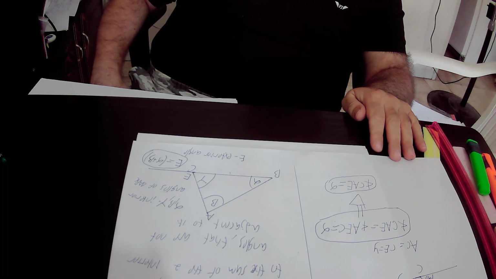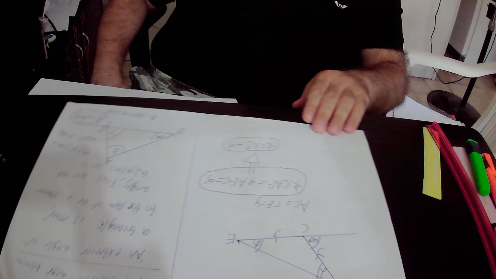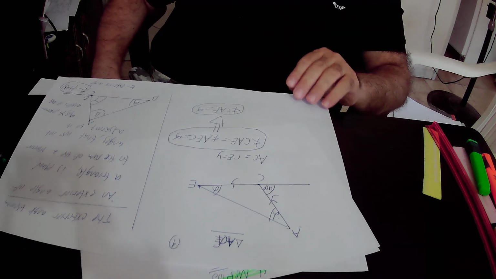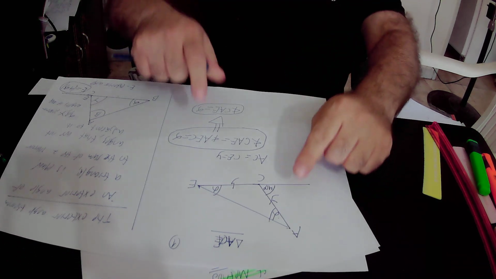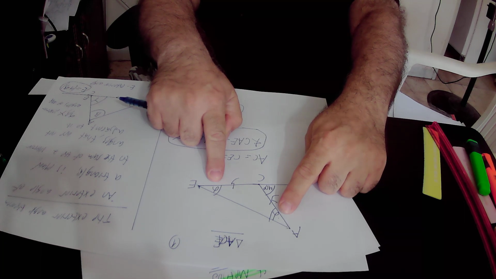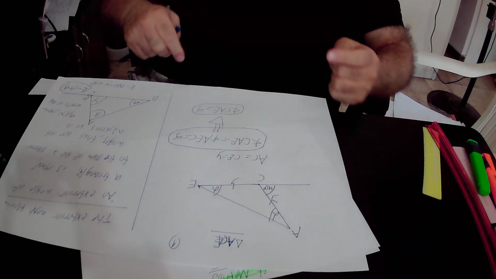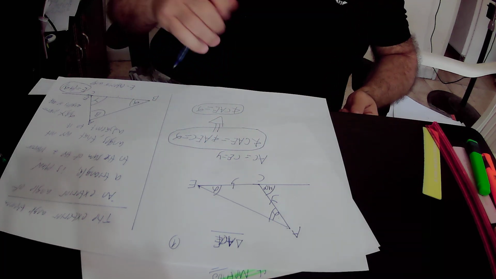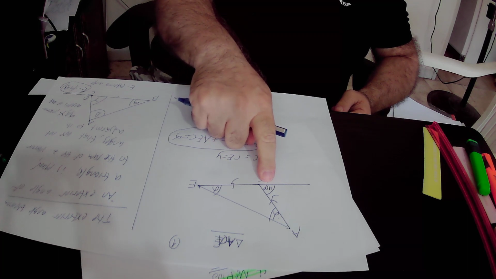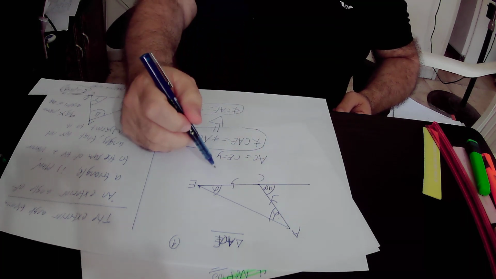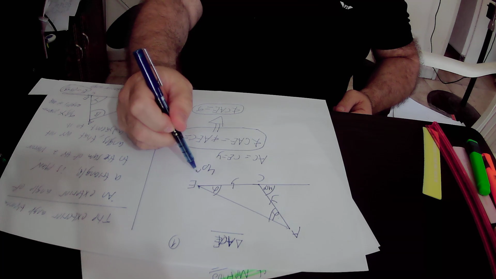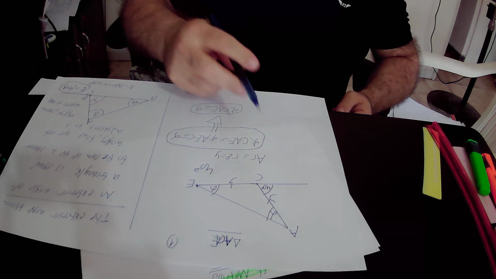So we can implement the exterior angle theorem in our drawing, because we have those two angles that are defined as the interior angles of triangle ACE, and this angle that is equal to 40 degrees is defined as an exterior angle.